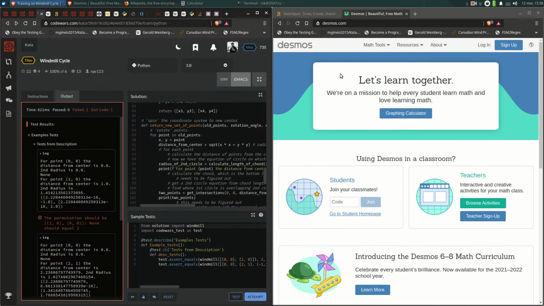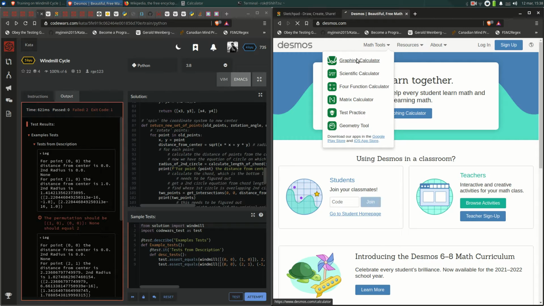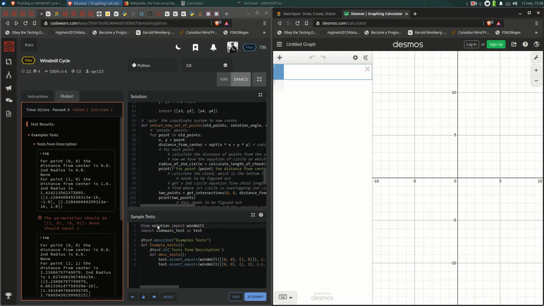Let's learn together. No, I just want math tools, graphing calculator. So for this one we have a point at 1, 0, yeah? And then the distance from center is 1.